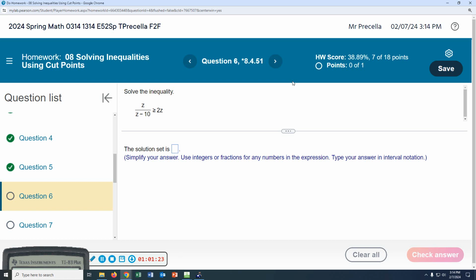Since you don't type in any variables, if you wanted to write an x in place of those z's, that's fine. Just make sure you don't turn a z into a 2 before it's all over. I'm hoping that doesn't look like greater than or equal to 22.